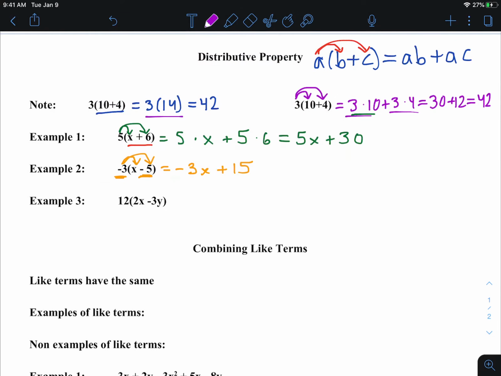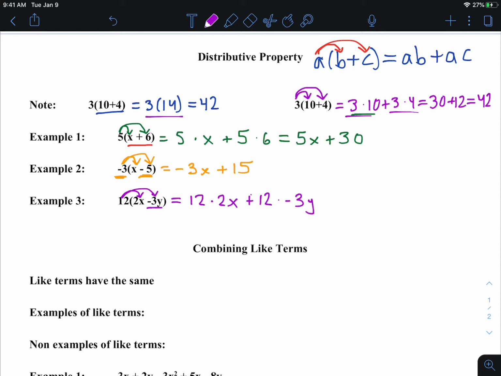All right. Example 3, I'm distributing this 12. So first I get a 12 times 2x. And then thinking of that negative as being stuck to the 3y, I have plus 12 times negative 3y. Okay.